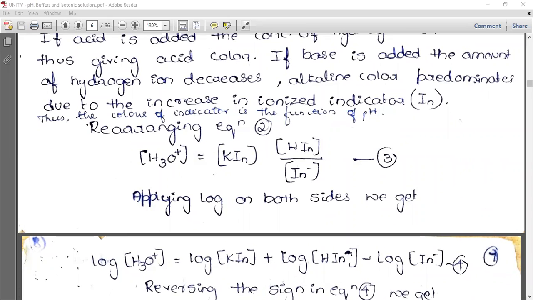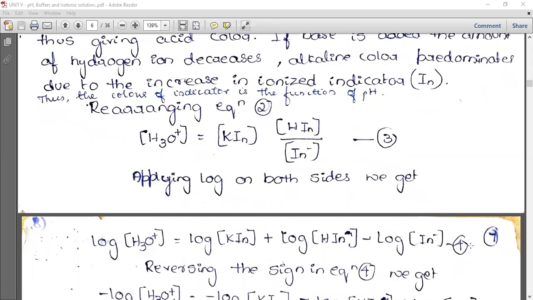Is there any doubt till here? We are just applying log. So what is log MN? Log MN is nothing but log M plus log N. And log M by N is nothing but log M minus log N. So that we are calling equation 4.